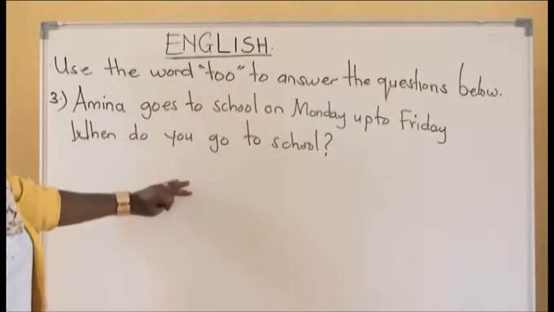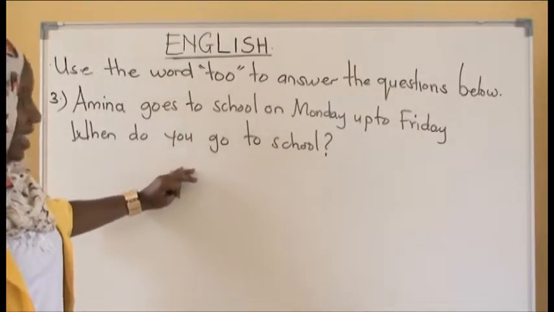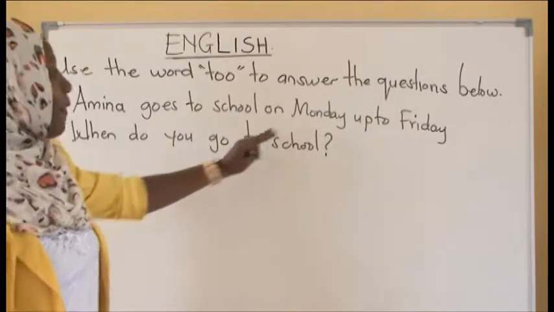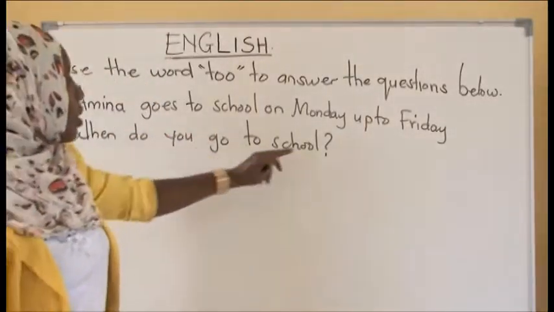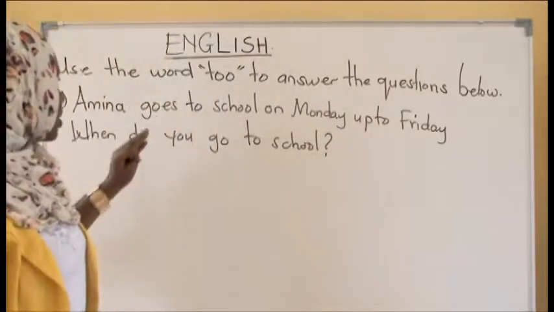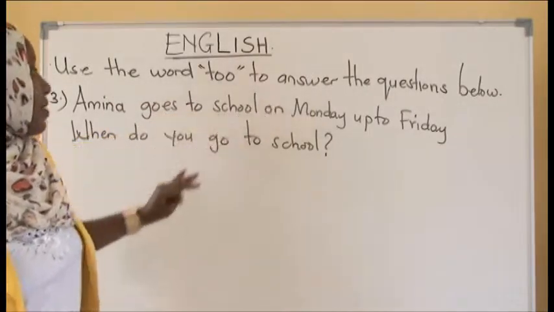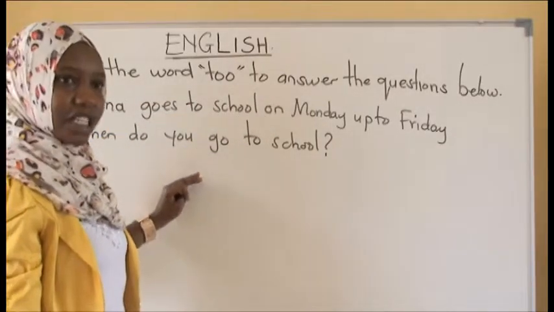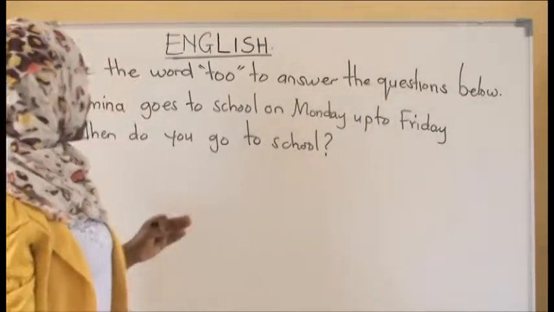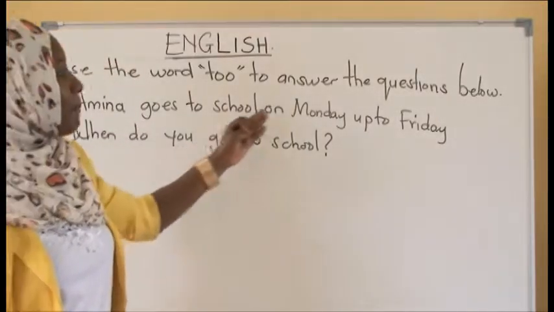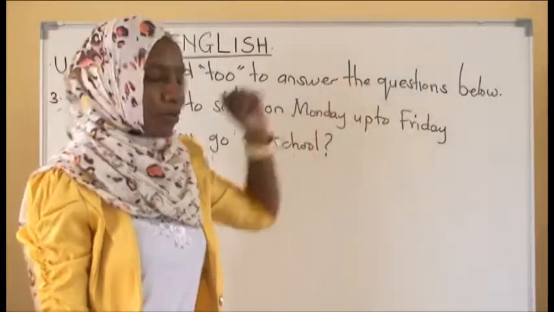And in answering this question, I know that you are pupils, and every pupil goes to school on Monday up to Friday. So, because Amina goes to school on Monday up to Friday, and you are told to use the word to answer the questions below, then this question you have to answer like this. When do you go to school? You say, I go to school on Monday up to Friday too.